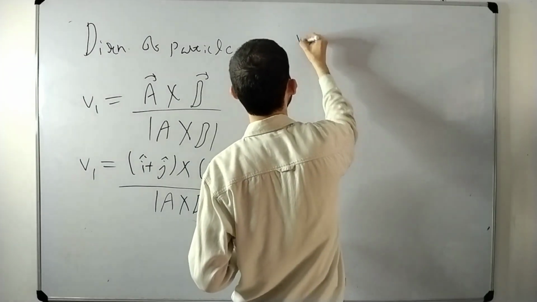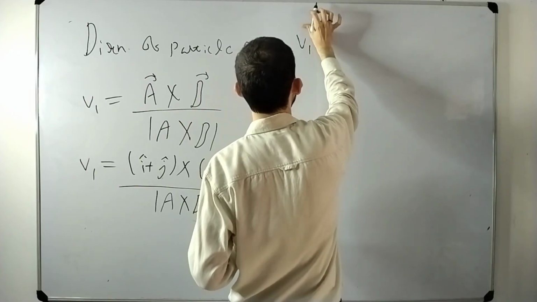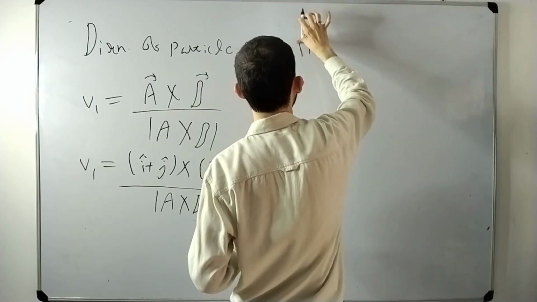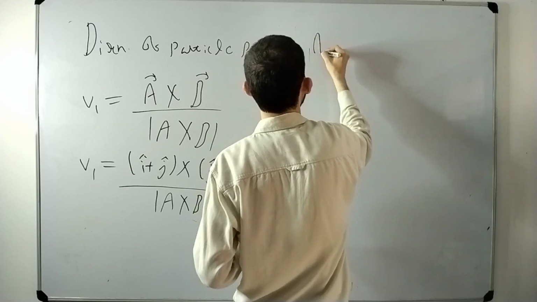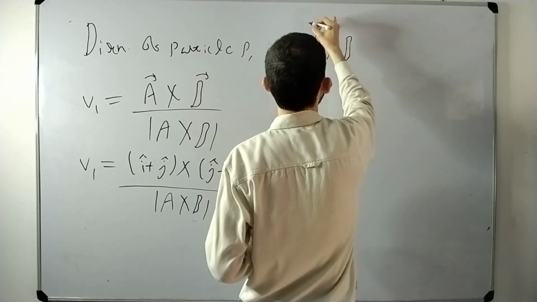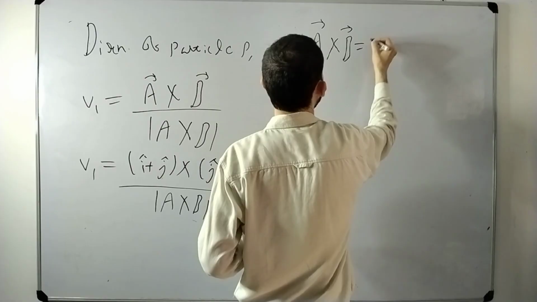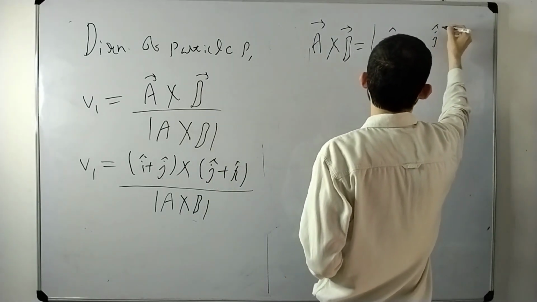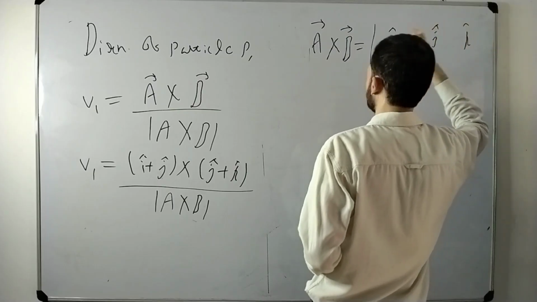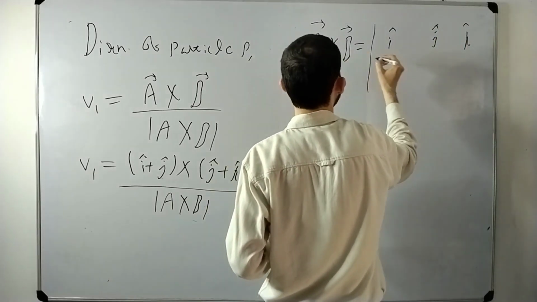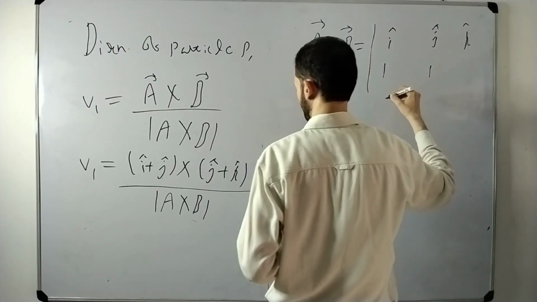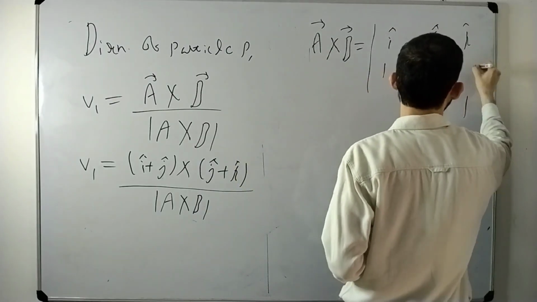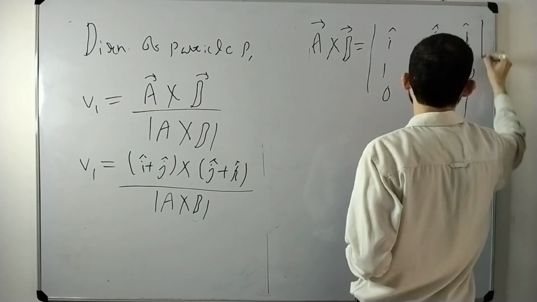So this V1, no sir, not V1, what are you writing? Not V1. A cross B, and this is, sir, I, J, K, and this is 1, 1, 0 and 1, 1, 0.